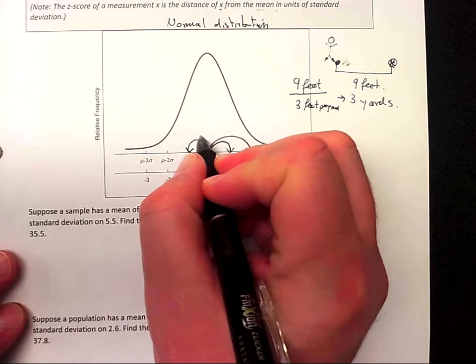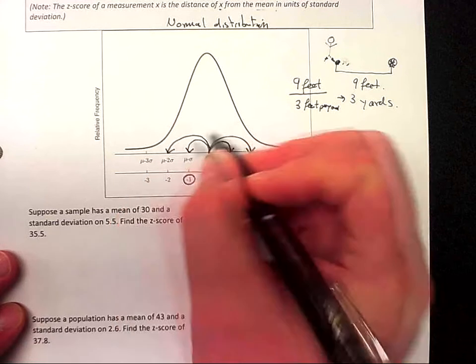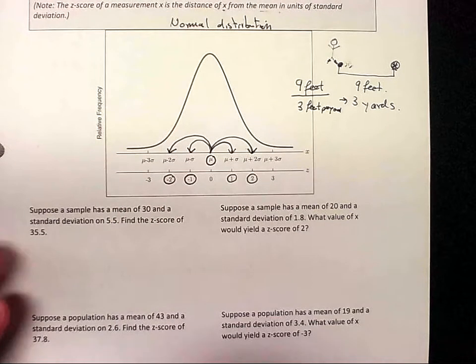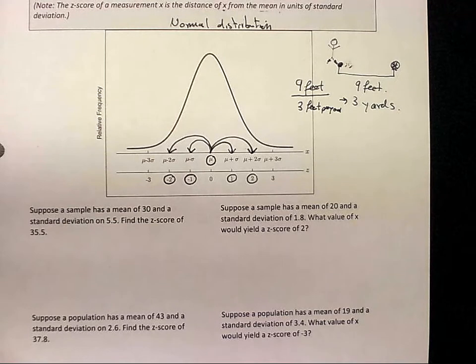If we go from our mean and we go 2 standard deviations below our mean, now we don't have a z-value of 2, we have a z-value of negative 2, and so on and so forth. So the way that you can really remember this is a z-value is how many standard deviations you're away from the mean. If you're above the mean, you're always going to have positive z-values, and if you're below the mean, you're always going to have negative z-values. Right? Everybody good with that? Cool.